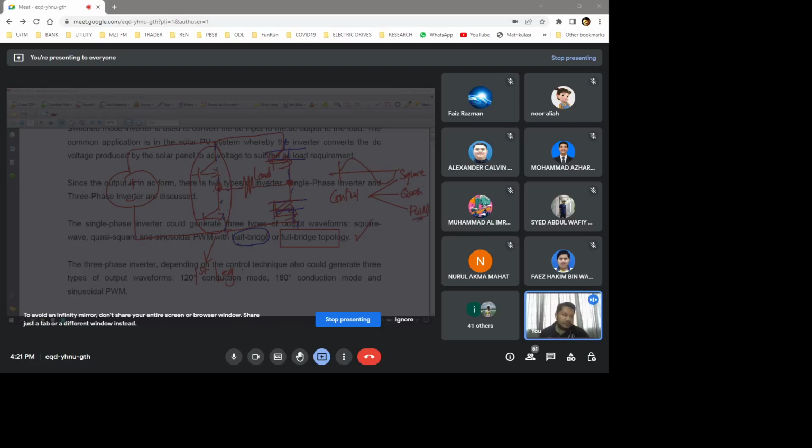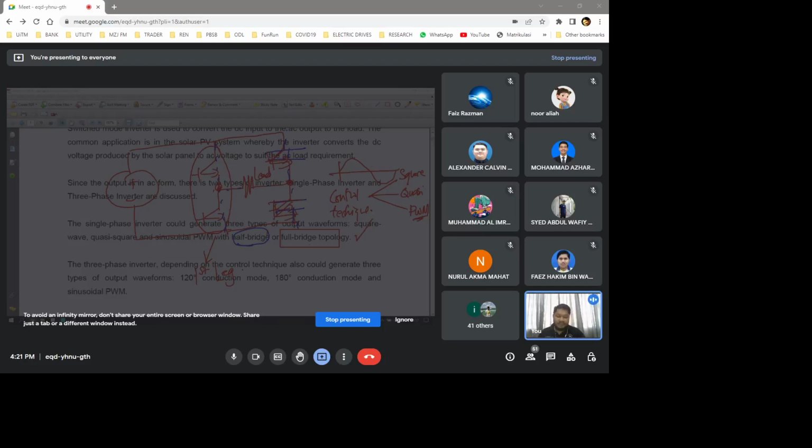So there are three control strategies to control the switches here. This is the control technique, and the bridge is the topology, the circuit. The circuit is always either half bridge or full bridge, but the control technique can be a square, quasi, or PWM waveform.